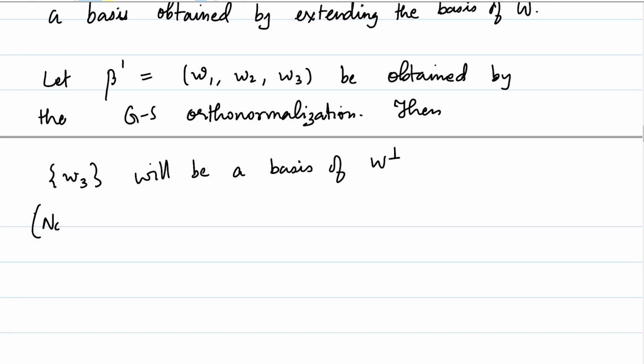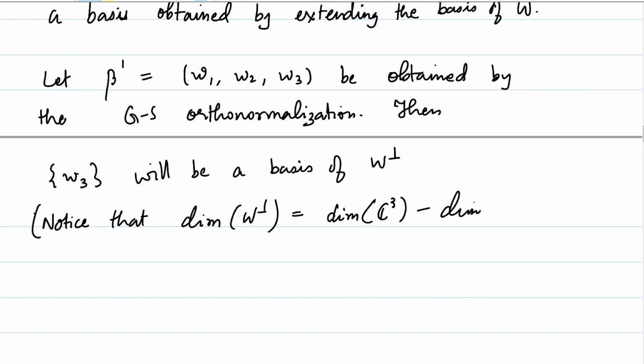So notice that the dimension of the orthogonal complement of W is equal to the dimension of C3 minus the dimension of W, which is equal to 3 minus 2, which is equal to 1. So it's correct. Everything is falling in place.